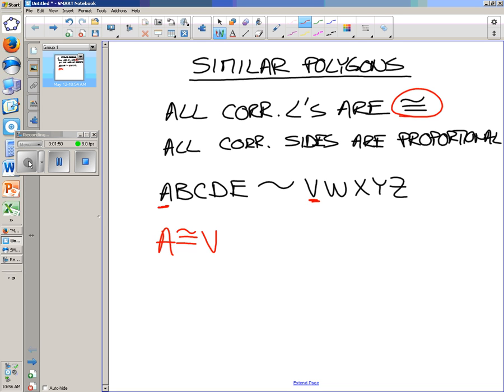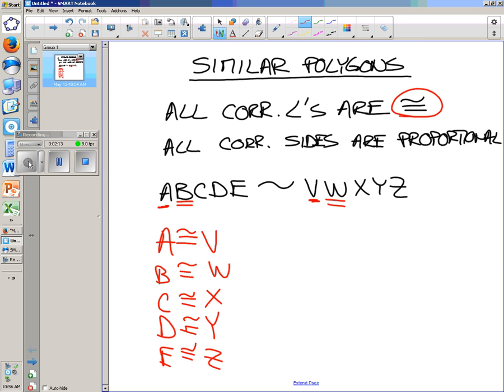Another pair of angles that correspond, angle B with angle W. Then we can go to C, congruent with X. D, congruent with Y. And finally, E is congruent with Z. All five of those angles, you just look by the position, and we did this for congruence as well. So this is not really different.